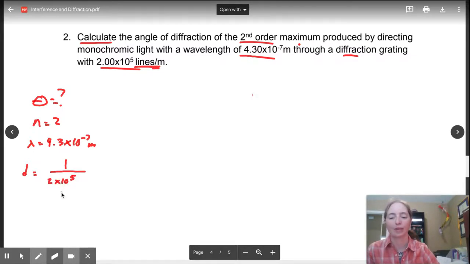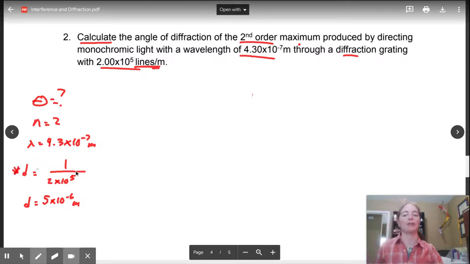Okay, so with that, we are then going to wind up with our actual value of d. So don't forget that step there if you have been given lines per meter or lines per centimeter or something like that. Okay, so I'm trying to find my theta, and I have n, lambda, and d, so I'm just going to use this equation.